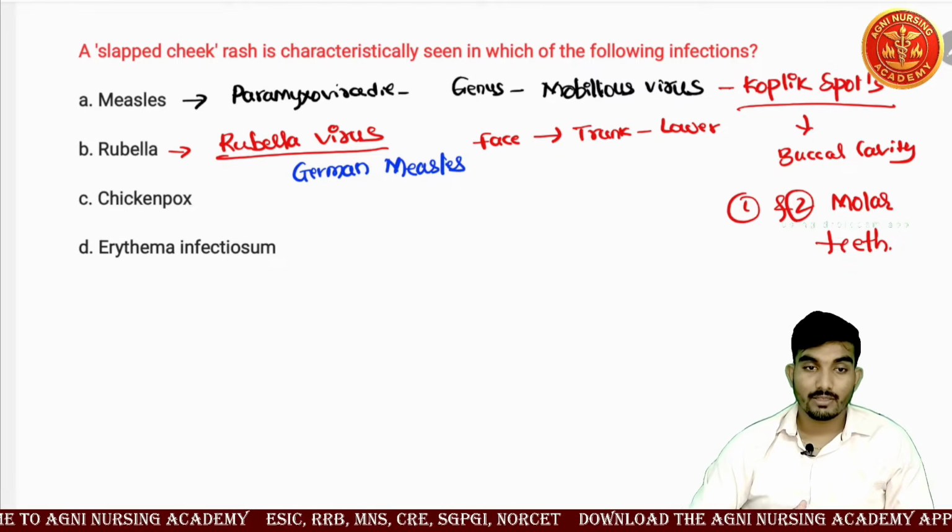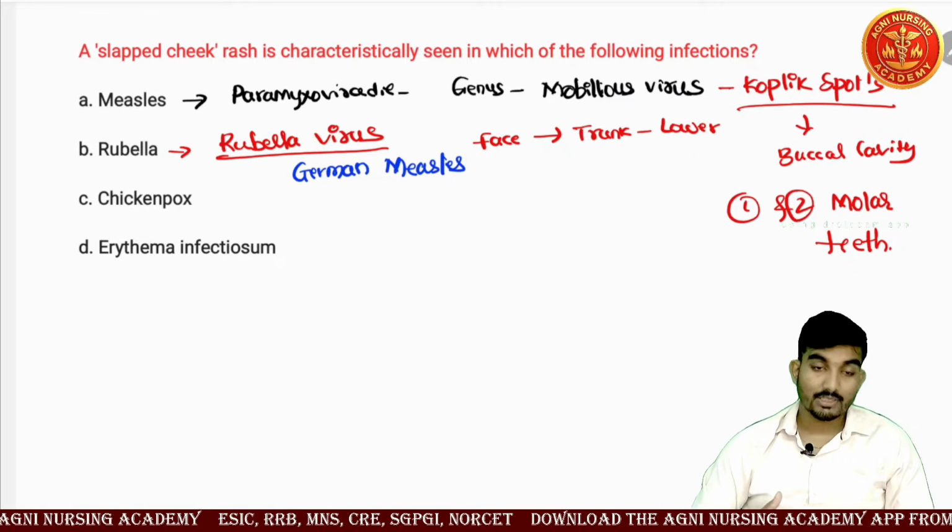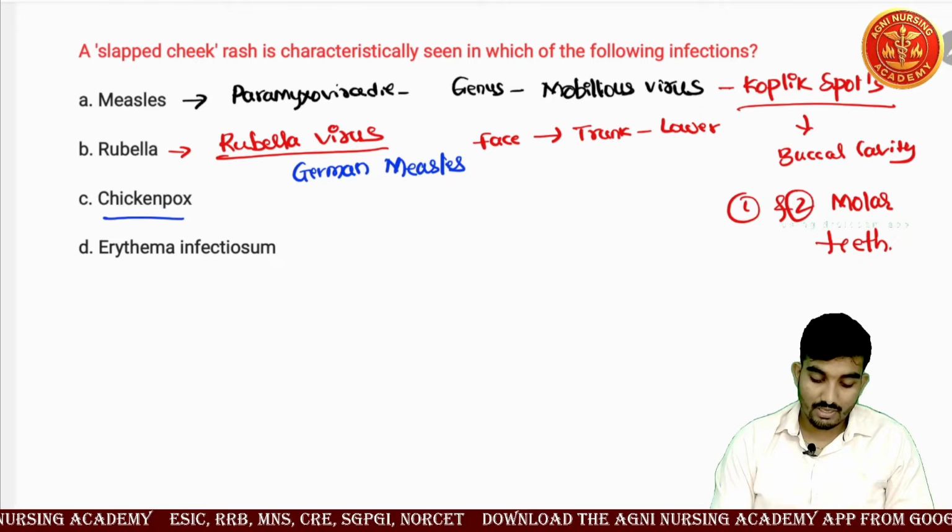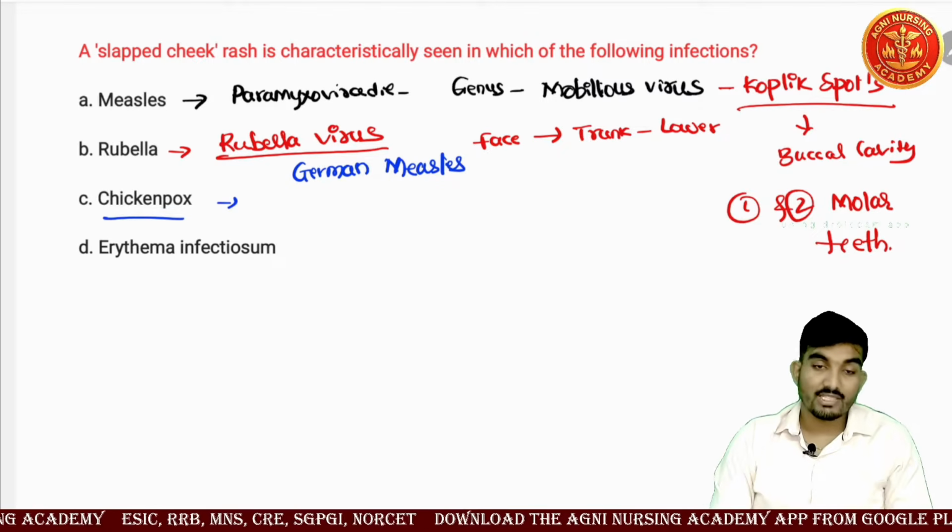The third one is chickenpox. Chickenpox is caused by varicella zoster virus.